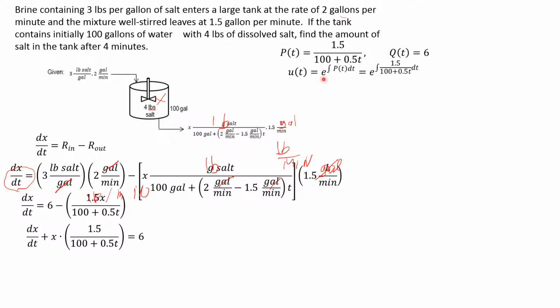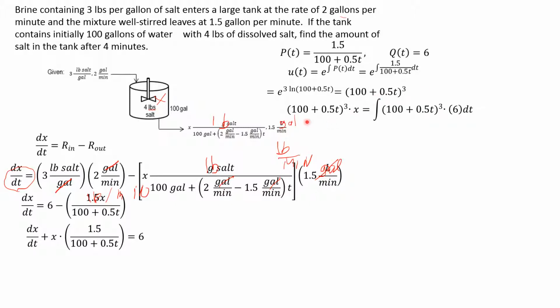This is e to the integral of p of t dt. That's e to the integral of 1.5 over 100 plus 0.5t. The integral: divide 1.5 by 0.5, that is 3. So the integral is e to the 3 ln of 100 plus 0.5t, which is the same as (100 plus 0.5t) cubed. This is the integrating factor.